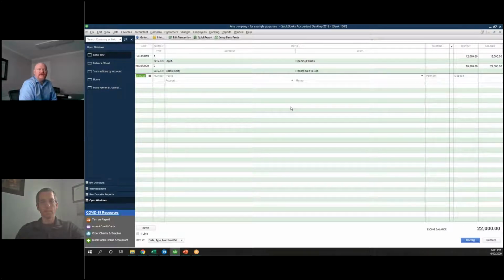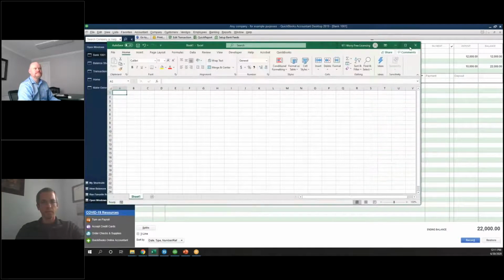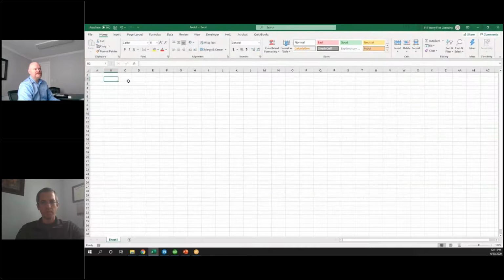and I am tracking where the money came from and where it's going on an Excel spreadsheet, I often see, okay, I have a bank balance of $12,000 at the beginning of the month.